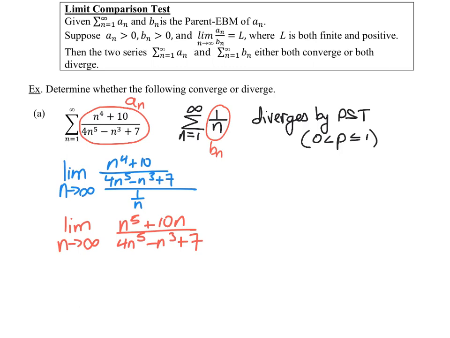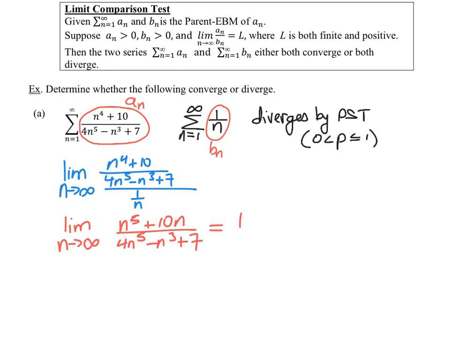Really what we're trying to do here, and this is the way the limit comparison test works, is by dividing by the end behavior model, you're manufacturing a common degree between the two parts of the fraction. We had a power of 5 on the bottom. We will now have a power of 5 on the top, which allows us to get a finite limit.